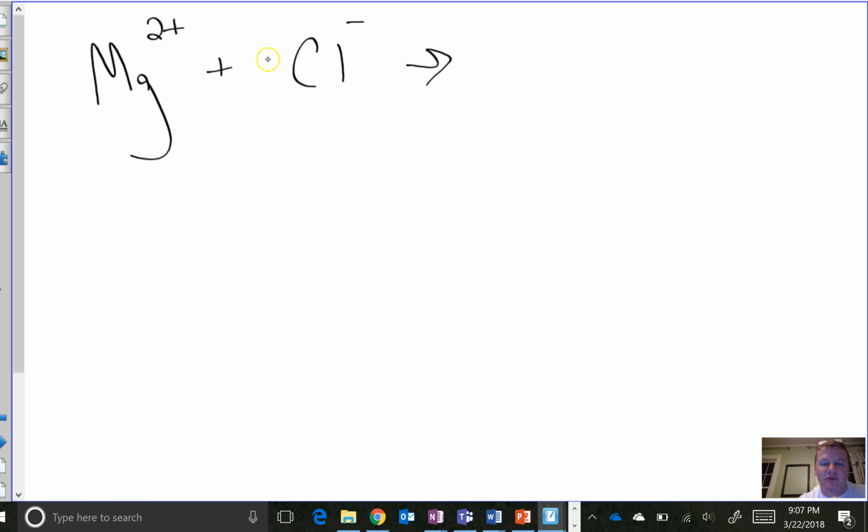Let's say that we have magnesium with a positive 2 charge, because it's in main group 2. And let's say that magnesium is pairing with chlorine with a negative 1 charge. All right. So now, if we look at our charges, we've got a positive 2 and a negative 1. Now keep in mind that our compound, when it forms over here, is always electrically neutral.